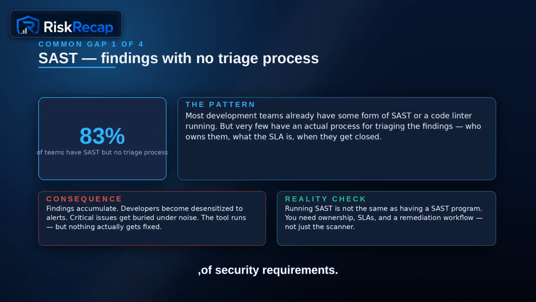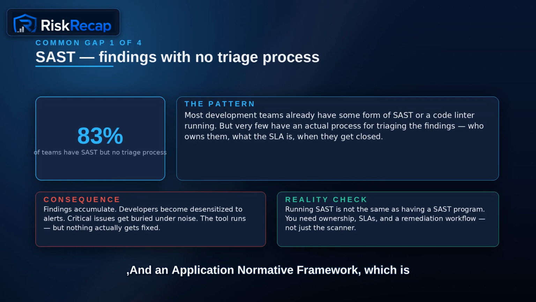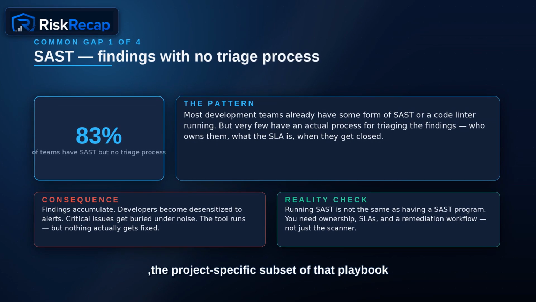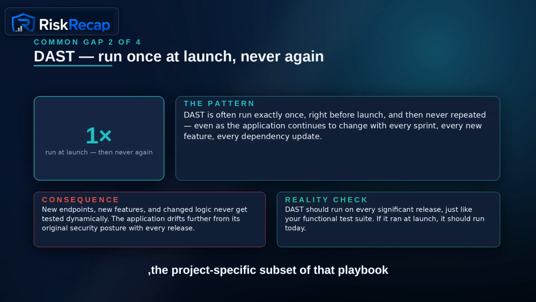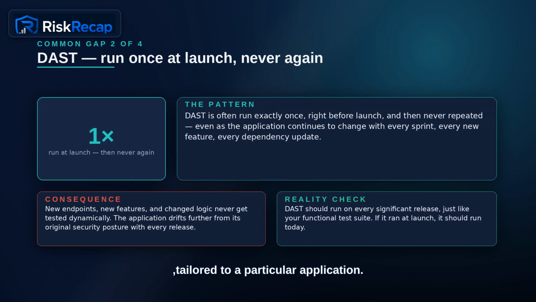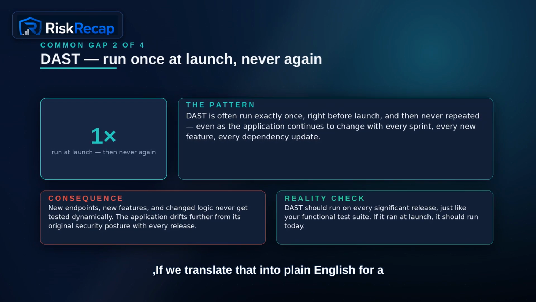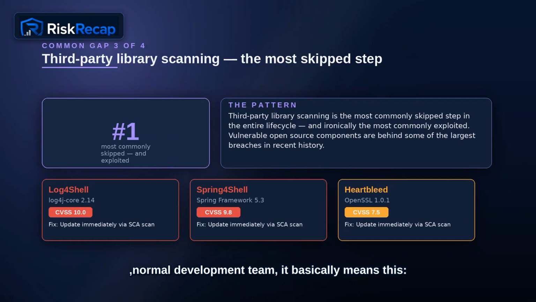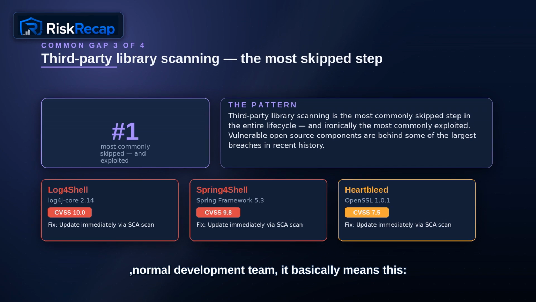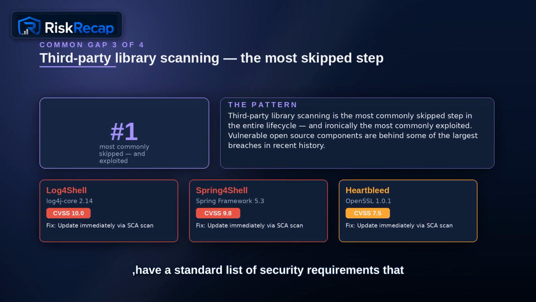Now here's the more interesting part, where companies actually are versus where they think they are. Most teams already have some form of SAST or a code linter running, but very few have an actual process for triaging the findings that come out of it. DAST is often run exactly once, right before launch and then never run again, even as the application continues to change.